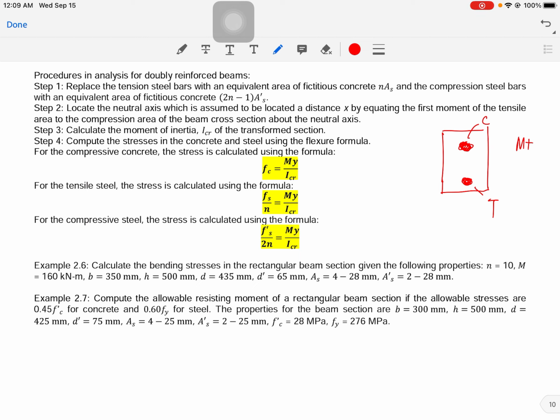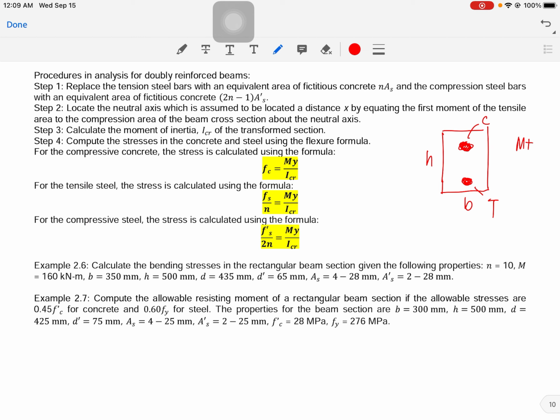One of the advantages is that it permits the use of appreciably smaller beams than those that make use of tensile steel only. The width and the height of the beam would be lesser, so you have smaller beams.